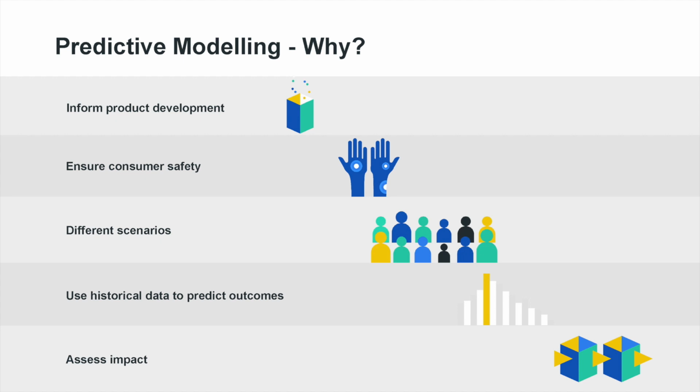We can run and compare different scenarios, for example, to see what is the optimal concentration of the ingredient in the product, or to identify subpopulations that are at most risk. We can also use historical data to predict the outcomes instead of running tedious lab experiments. And finally, we can assess the impact of a product or process change on the consumers.